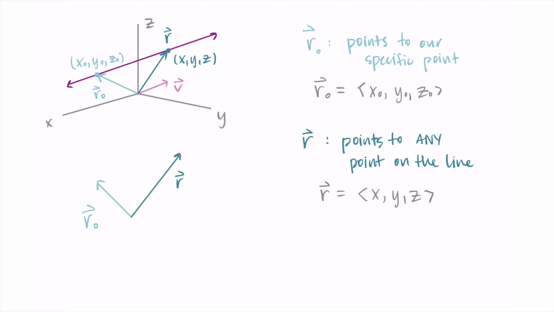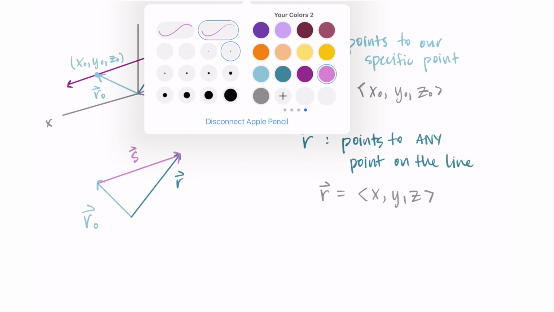So this vector that goes between them is going to match up with our line. And we're going to call this vector s, and it's just a placeholder to get us used to what's going on. So you can see here that when we do r0 plus s, we get the resulting vector r. So we're basically adding r0 and s to get r.